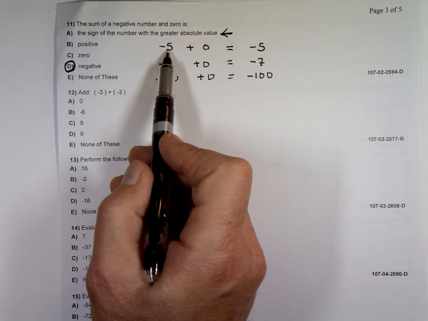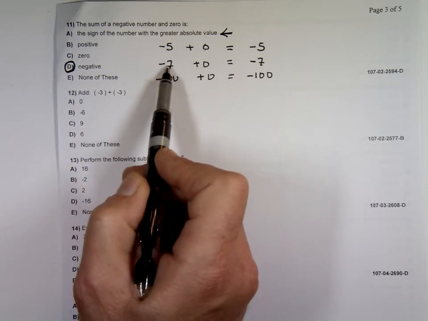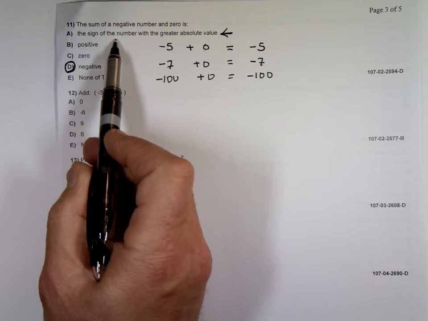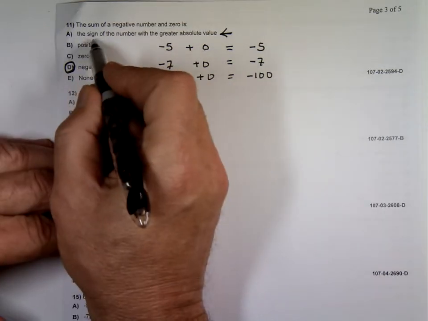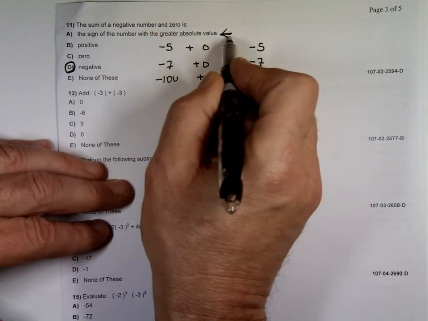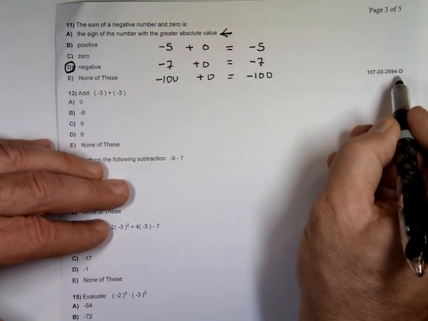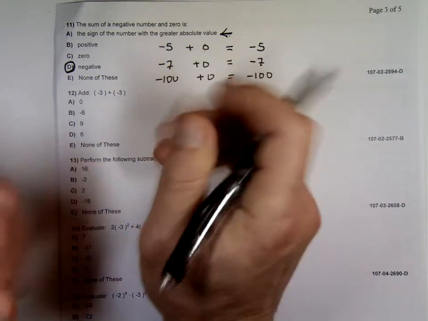What's the sign of that number? Negative. What's the absolute value of negative 7? 7. What's the sign of that? Negative. Same thing. So that's really a correct answer. I know they were looking for this, so you will not see this written anymore. They might change it a little bit, but that's also a valid answer. They were looking for this. I know that because you can see the answer is D. But if you put that one in this case, that would have been correct. We fixed it.